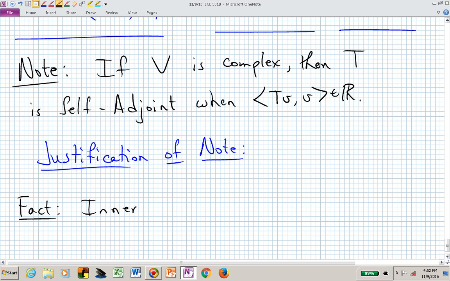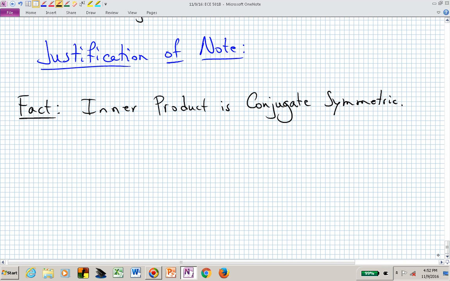Then we have to conjugate the scalar, don't we? So the inner product is conjugate symmetric, which is a compact way of stating that.